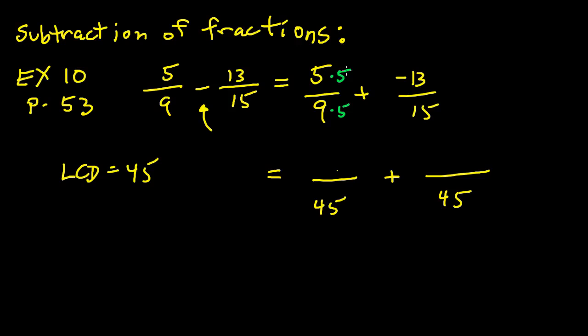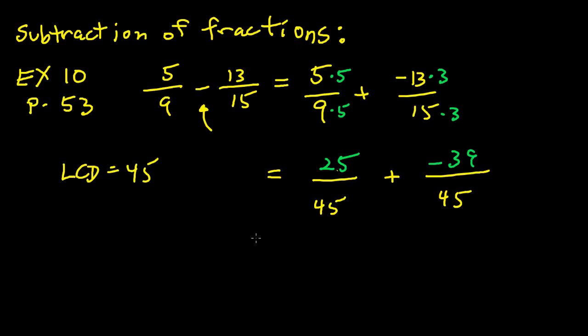Multiply top and bottom by the same value to maintain equivalence. So upstairs in this first fraction, I'm going to get 25 over 45. Similarly, in the second fraction here, I'm going to multiply top and bottom by 3. 15 times 3 is 45, and I'll get a minus 39 on top in that second fraction, right?